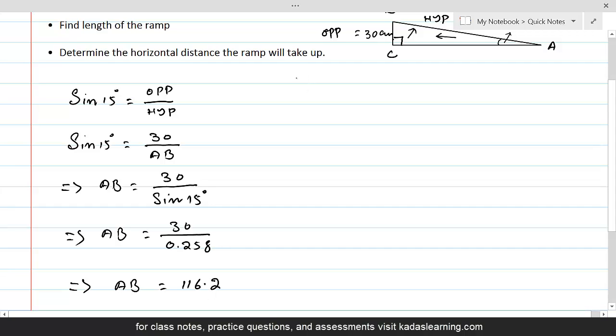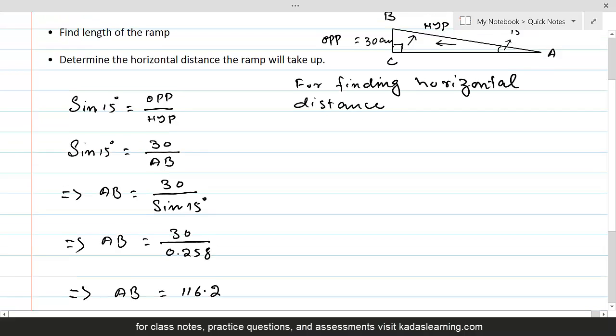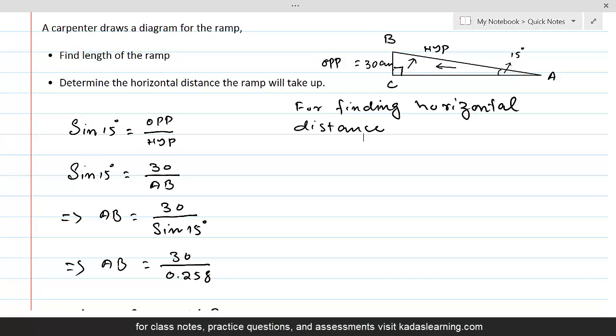For finding the horizontal distance, now we are going to take the ratio cos for the same angle 15, because this side is adjacent and we will need to involve adjacent and hypotenuse.